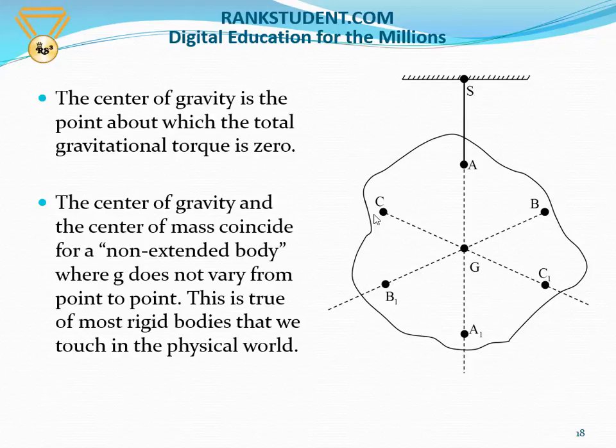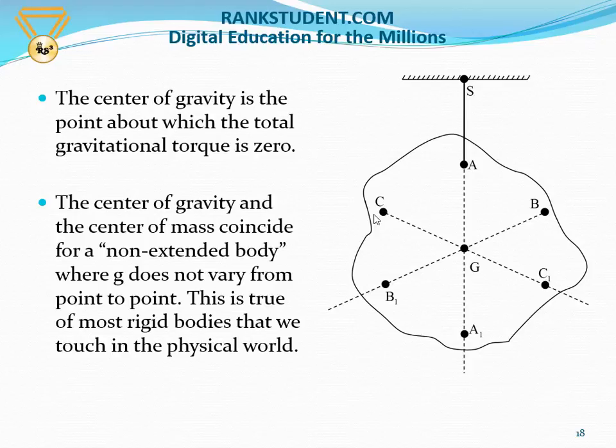Center of gravity. The center of gravity is the point about which the total gravitational torque is 0. The center of gravity and the center of mass coincide for a co-extended body, where g, the acceleration due to gravity, does not vary from point to point.